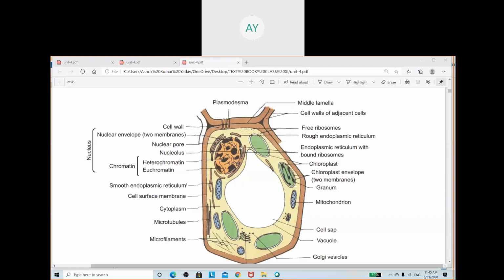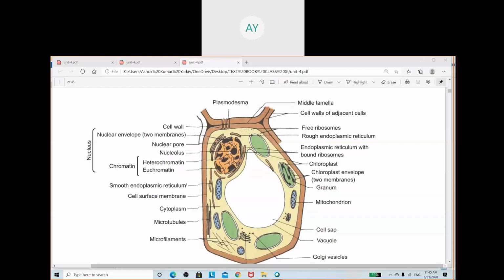Now I am coming to the brain of the cell, that is the nucleus. A cell can be unicellular or multicellular, uninucleated or multinucleated.